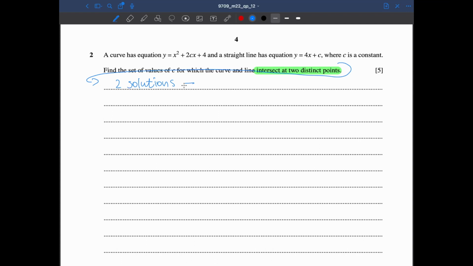And what does 2 solutions mean? It means that the discriminant, which is b squared minus 4ac, is going to be more than 0. That is what we should pick up from the question. All right, so step 1: equate.